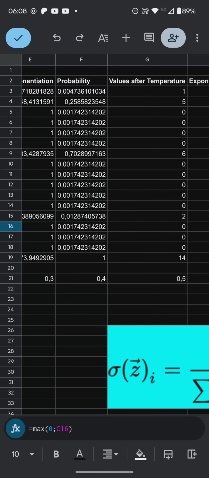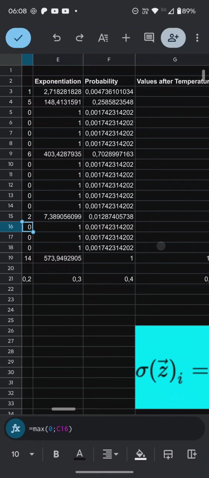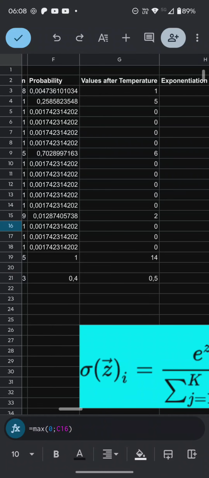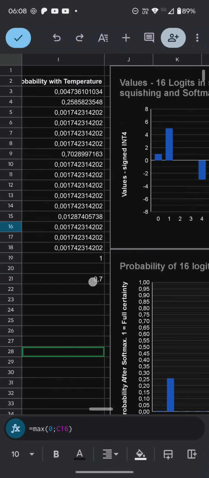Even though each is tiny, together the chance of picking those logits is definitely above 1%. And yes, temperature is 1, so we have the same.